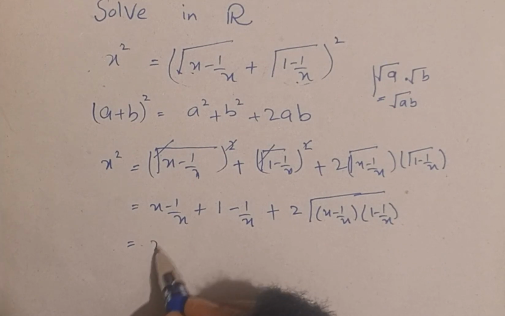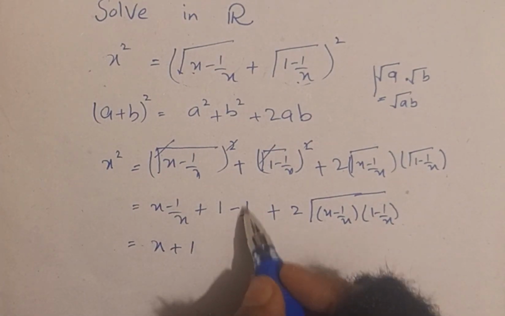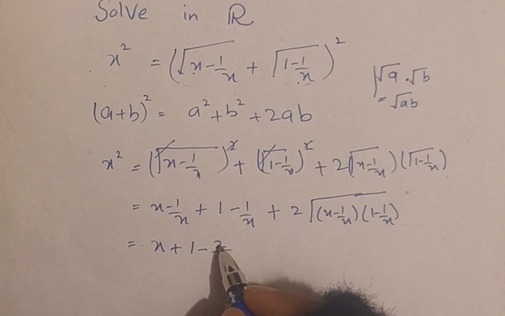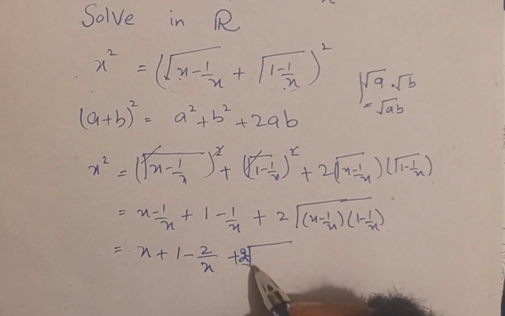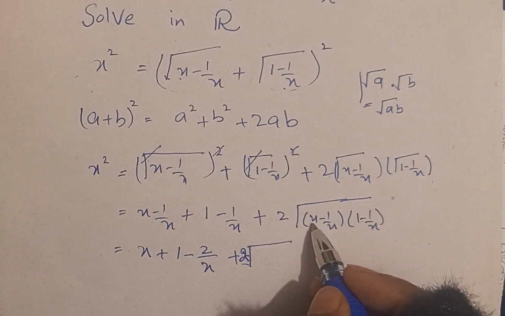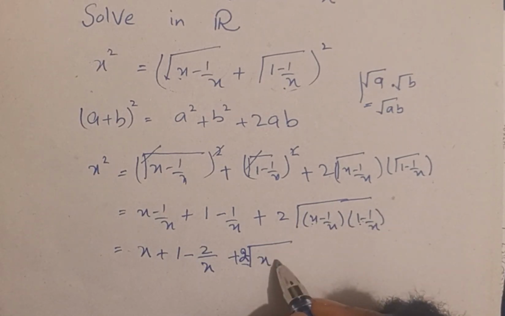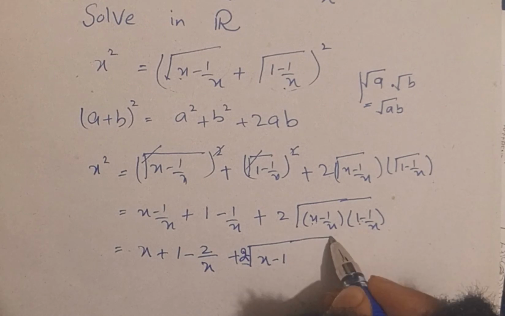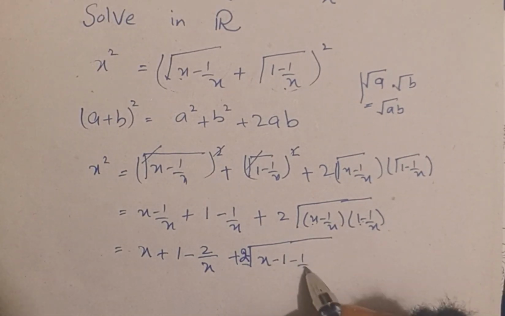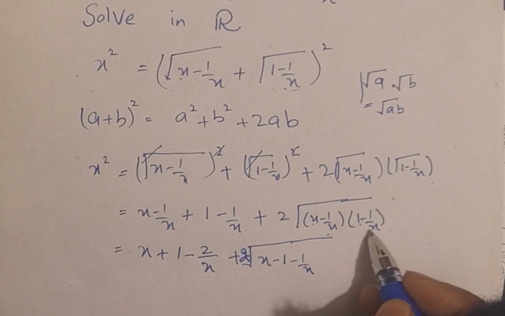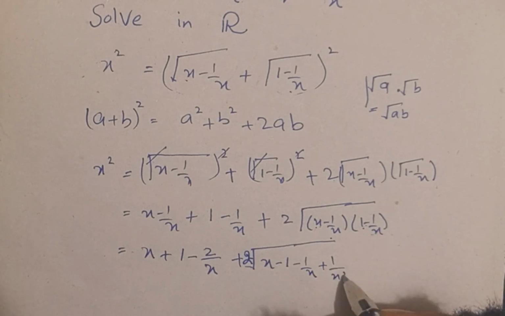Now look at this: x plus 1 and minus 1 by x, minus 1 by x is equal to minus 2 over x, plus 2 times the square root of the product. Multiply x by 1, we get x; multiply x by minus 1 over x, we get minus 1; multiply minus 1 by x by 1, we get minus 1 by x; and multiply minus 1 by x by minus 1 by x, we get plus 1 over x squared.